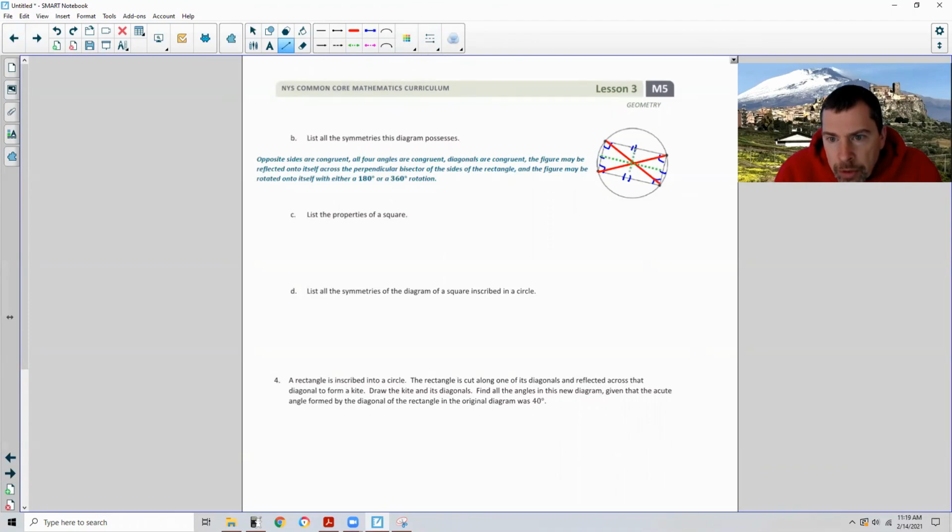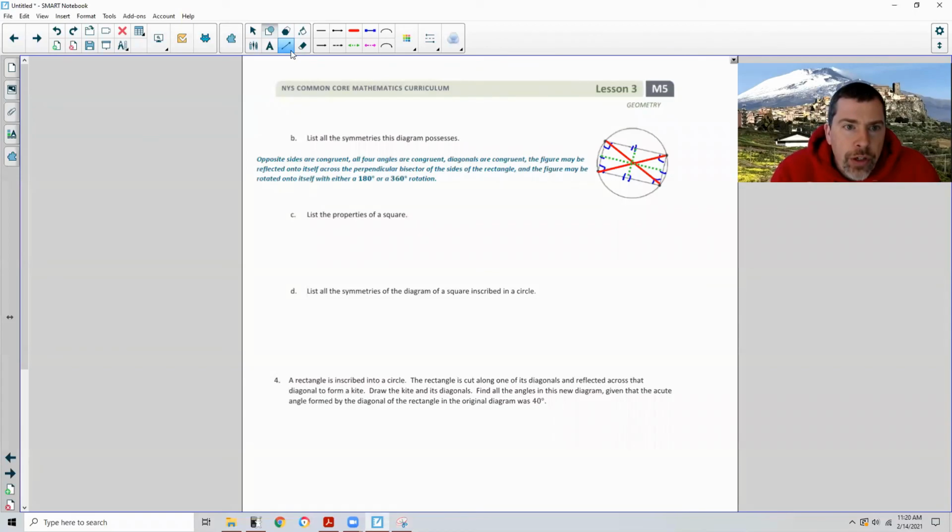And if this was the midpoint and this was the midpoint and that was perpendicular, then we could reflect this across either of those 2 lines. Okay. And the figure may be rotated onto itself with either a 180 degree rotation or a full 360 degree rotation.